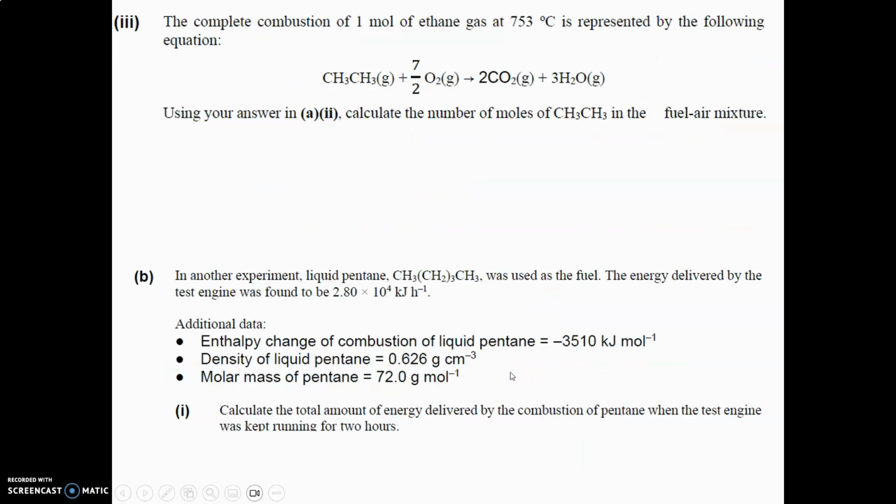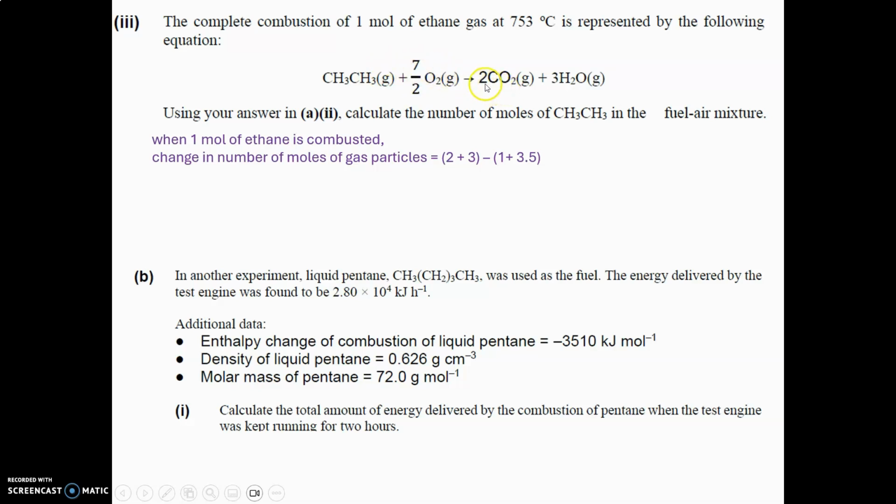Next, part 3. Combustion reaction of ethane, the equation is given to you. So using the answer in A part 2, calculate the number of moles of ethane in the fuel air mixture. So first, we notice that when we burn 1 mole of ethane, the reactants are 1 mole of ethane and 3.5 moles of oxygen, which is 4.5 moles of reactants in total.